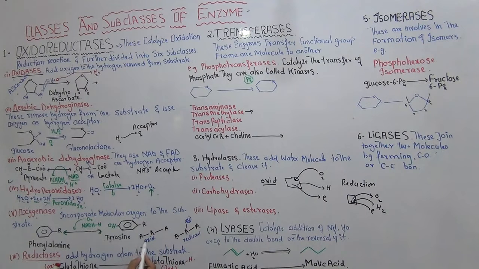Now, is there any enzyme involved in the reduction of oxidized glutathione into reduced glutathione? That enzyme is called a reductase. So here is the example: glutathione oxidized, glutathione reduced. Here I have mentioned H, meaning the glutathione has hydrogen. Okay, so this was a complete lecture on the oxidoreductases.